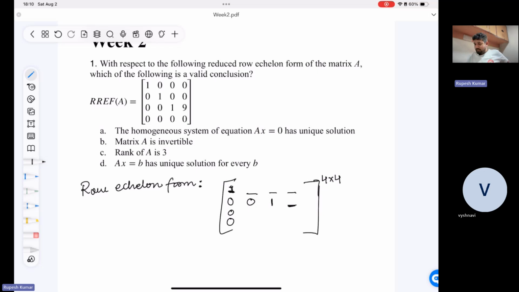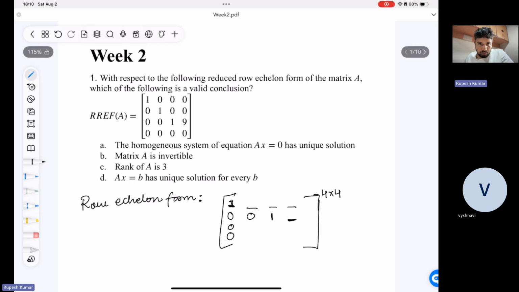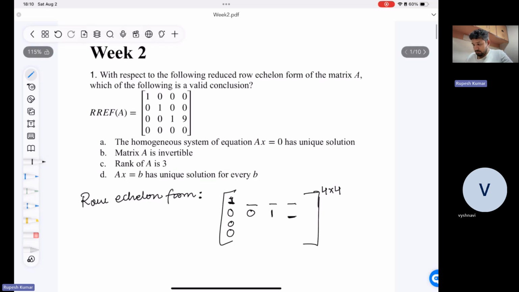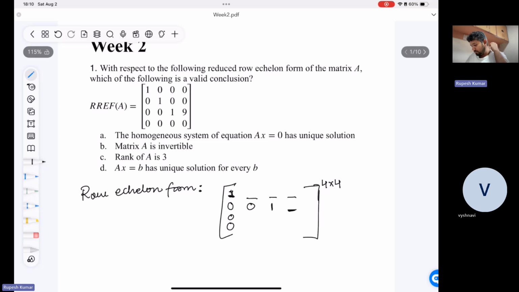Let me reiterate what I was starting with. We were solving the problems for week 2, and this is the first problem. It says, with respect to the following reduced row echelon form of a matrix A, which one of the following is a valid conclusion, right?